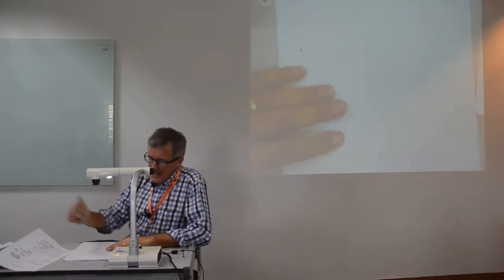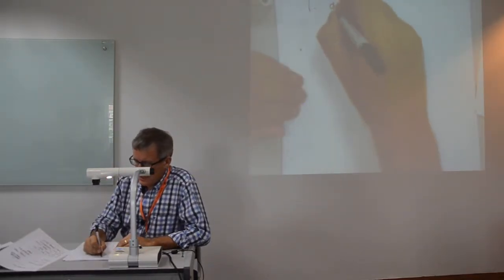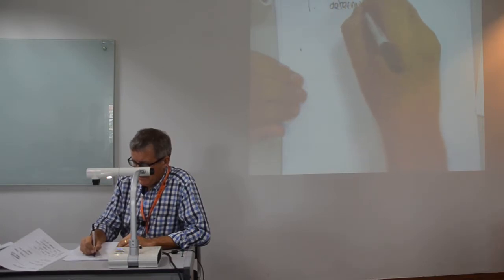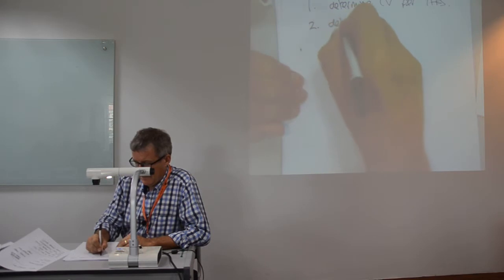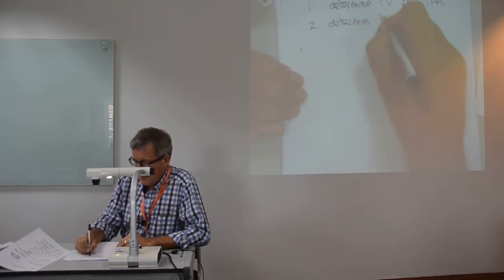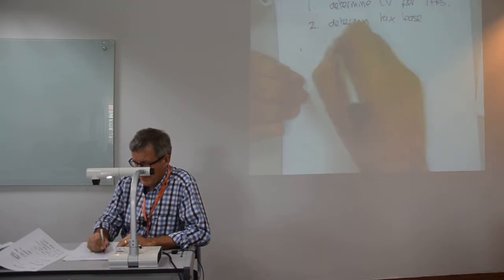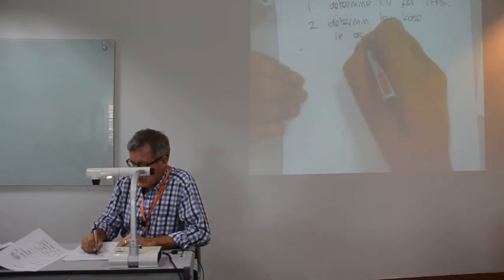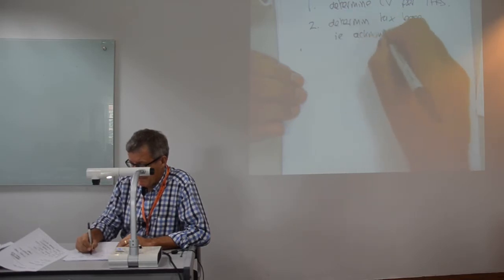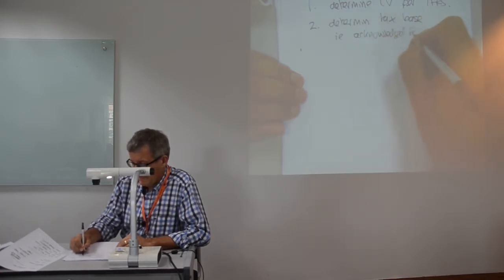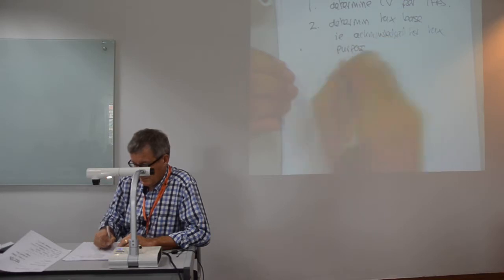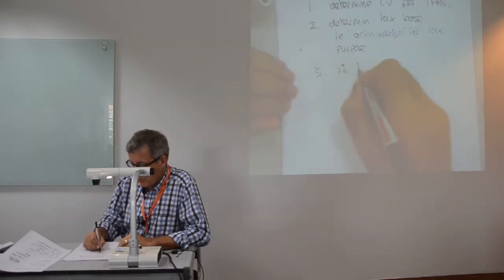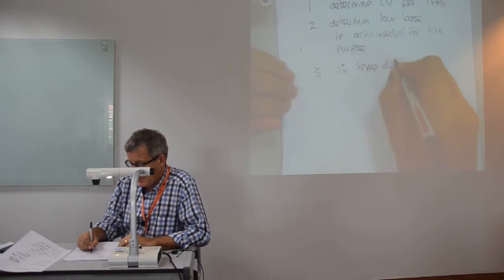So your basic steps are: determine the carrying value, per IFRS, determine the tax base, i.e. the amount acknowledged for taxation purposes, and therefore you have your temporary difference.